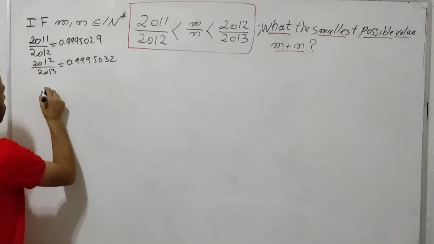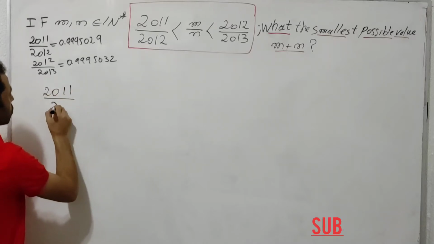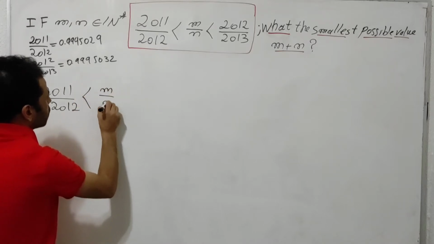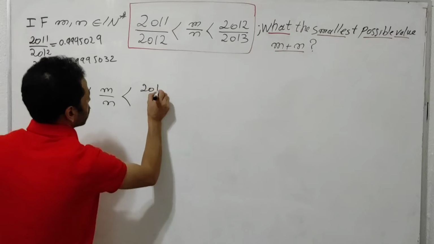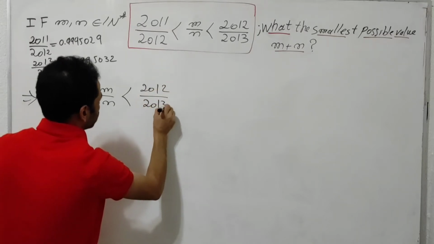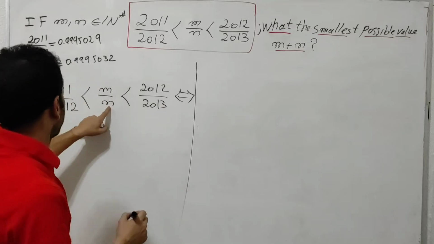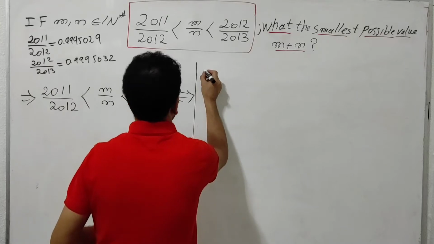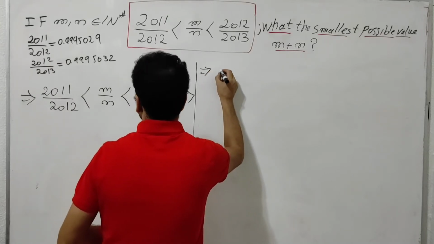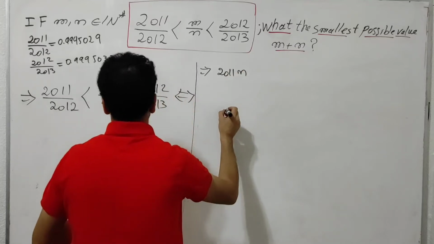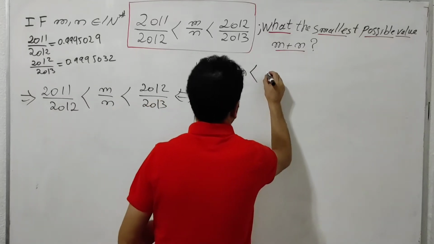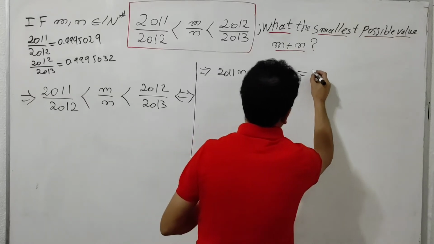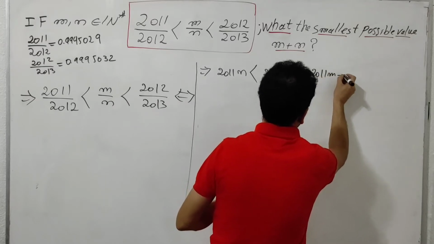We have this inequality: 2011 over 2012 is strictly inferior to m over n, which is strictly inferior to 2012 over 2013. For the first inequality, I multiply across to get 2011 times n is strictly inferior to 2012 m, which equals 2011 m plus m.